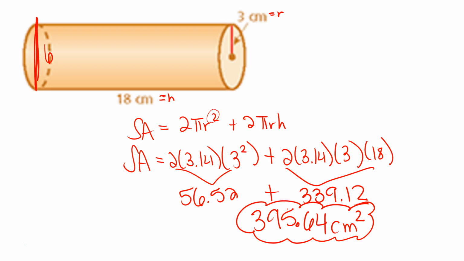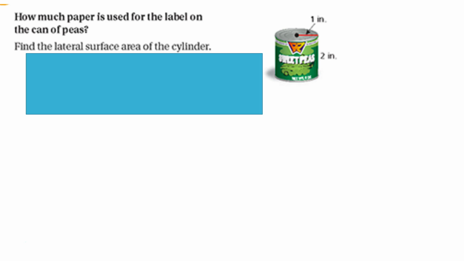Okay, we have one last example here. It says, how much paper is used for the label on the can of peas? Okay, let's see. Keyword here, for the label. Now, the label goes on the surface of the can, so we're still talking about surface area here, but I want you to think about what part of the can is covered by the label.